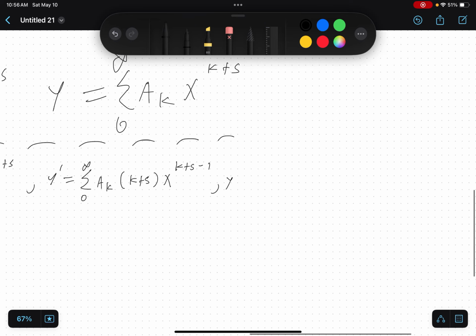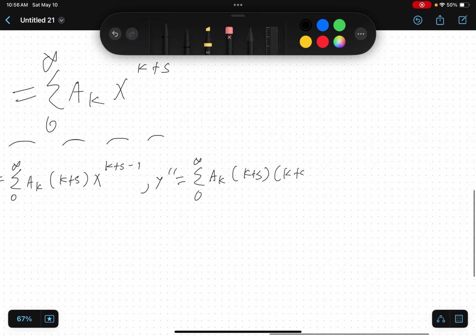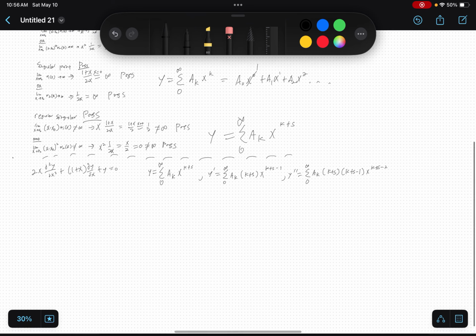And then y double prime is the sum from 0 to infinity of a_k, k plus s, k plus s minus 1, x to the k plus s minus 2. Already that looks like it sucks, and it does.